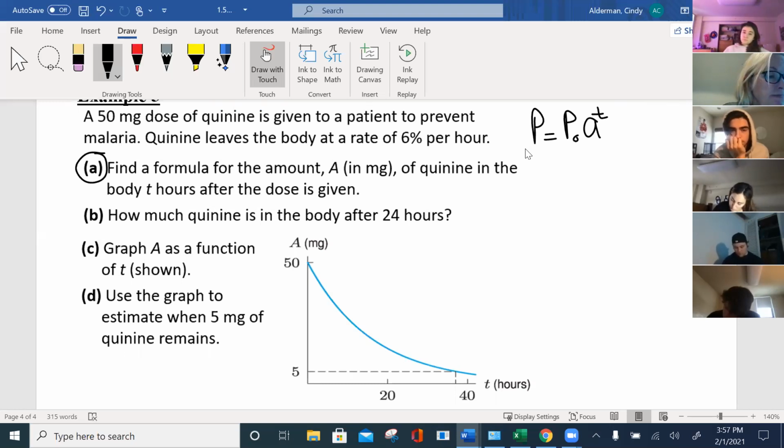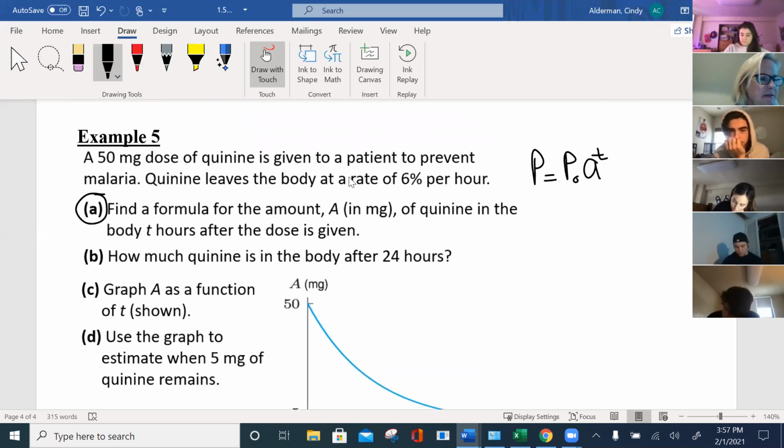All right, so we're going to fill in what we know. Here it says find a formula for the amount A in terms of t.